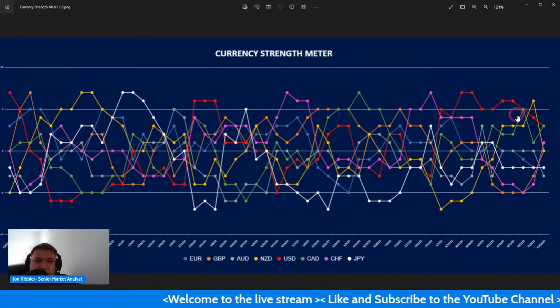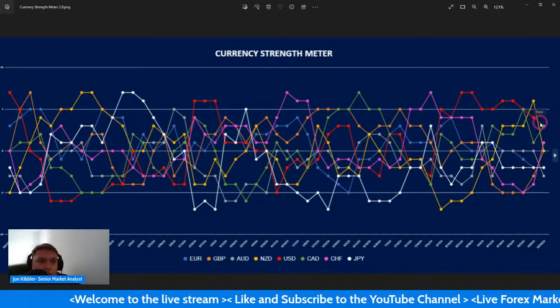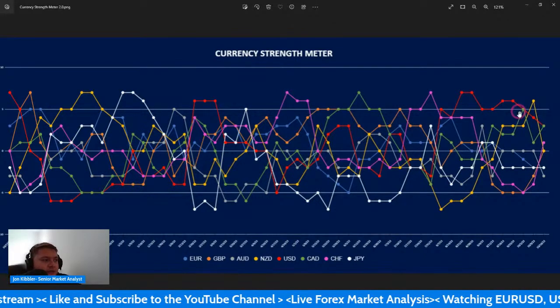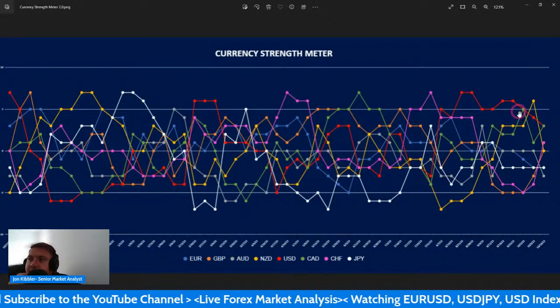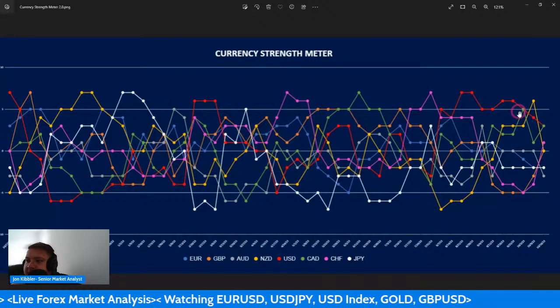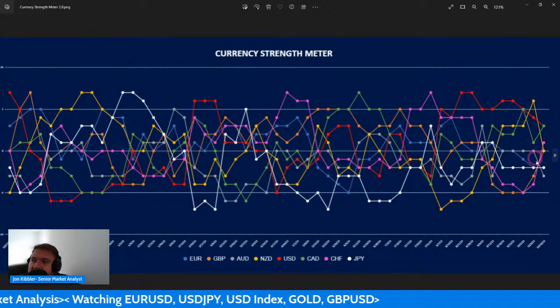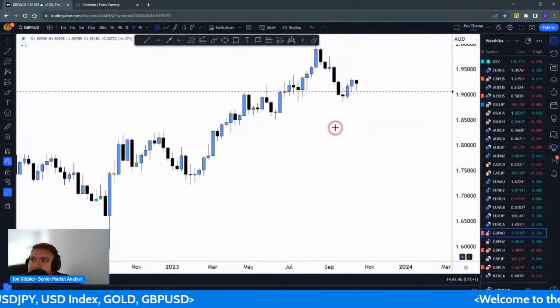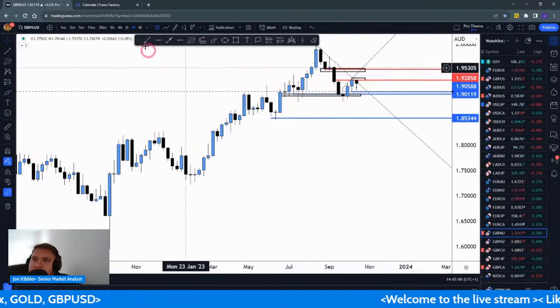I just wasn't super confident in that weakness because of the fundamentals around the US dollar at the moment, so I wasn't too into that. The Australian dollar is starting to weaken a little bit, so Pound Oz long could have been something we looked at going into this week as well.